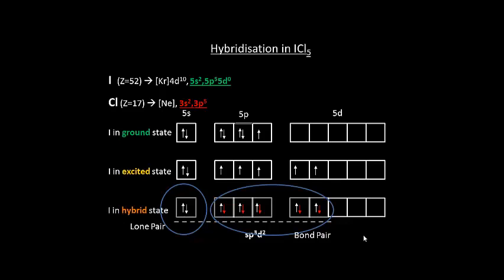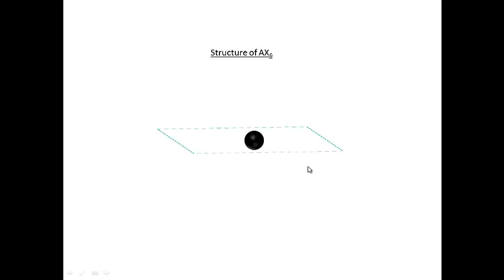Let us now see the structure of the ICl5 molecule. As there are 6 pairs of electrons around iodine, we can consider this as an AX6 type of molecule. An AX6 type of molecule has octahedral geometry.